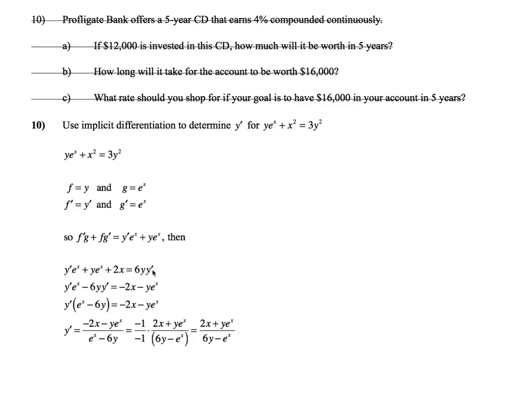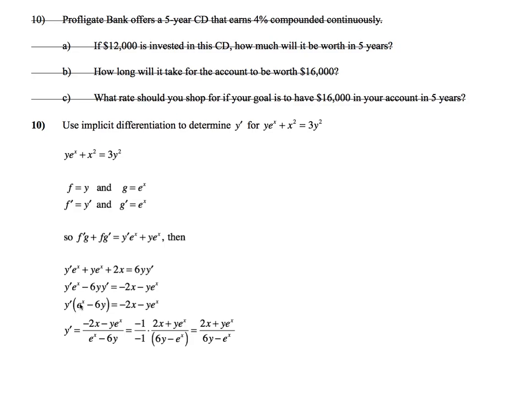Then, the next thing we need to do is to isolate the terms that have a y prime in them on one side of the equation, and to do that, we subtract 6y y prime from both sides, and y times e to the x plus 2x from both sides of the equation. We now factor a y prime out of the two terms on the left side of the equation, and so that leaves us e to the x minus 6y.